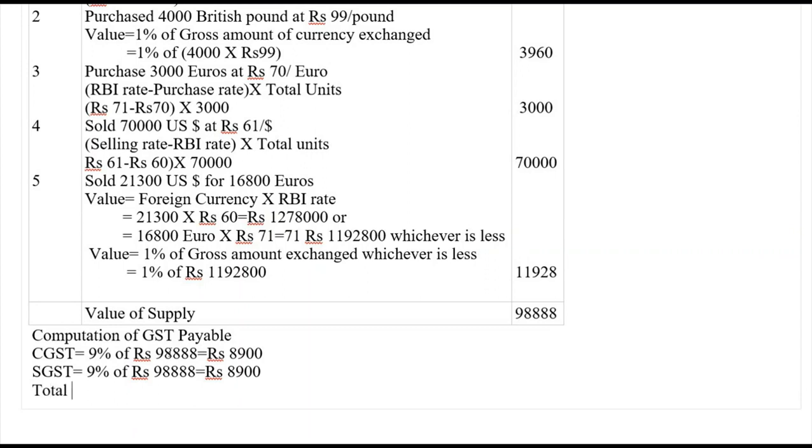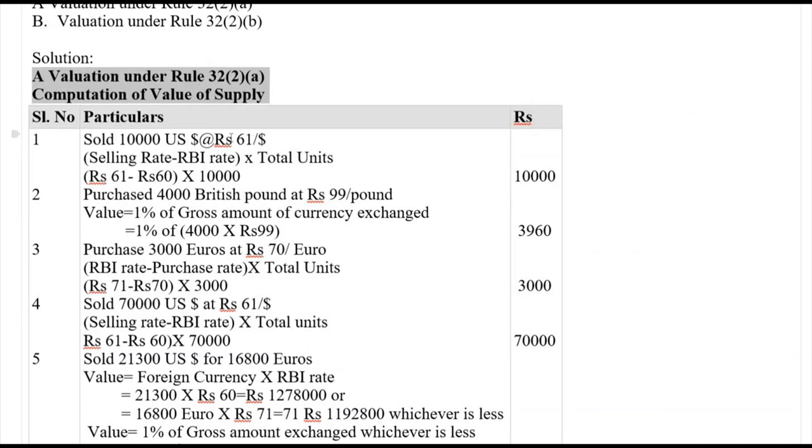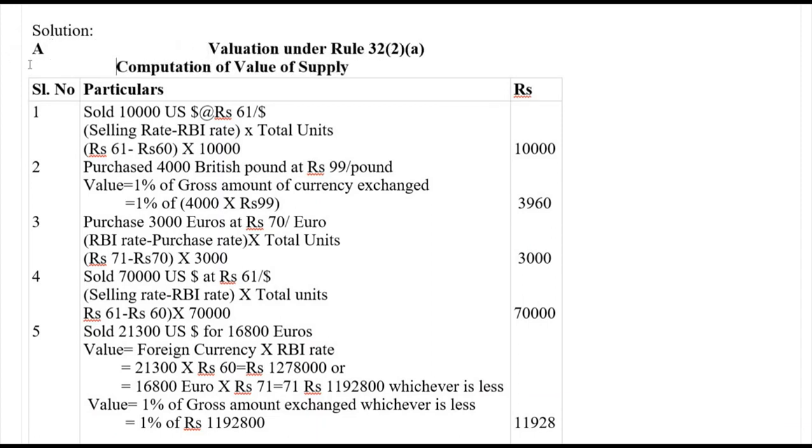So total GST payable equals rupees 17,800. This is the answer we have found for case 1, that is valuation under rule 32 AA here.